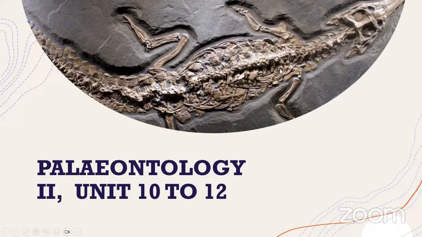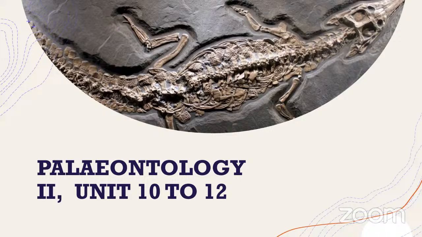Here you can observe the beautiful picture of the crocodile fossil, which is preserved in the rock as it is without losing its original structure. Like that, fossils are preserved in the rock formations according to their existence or geological age.